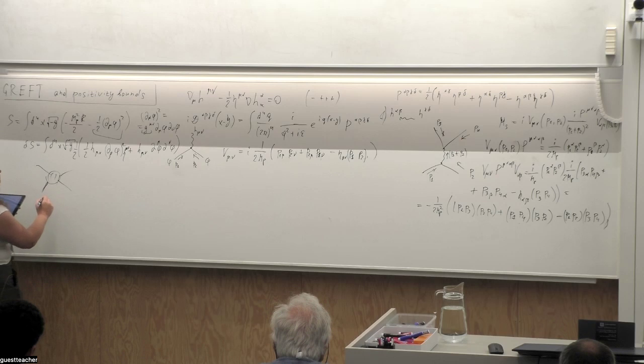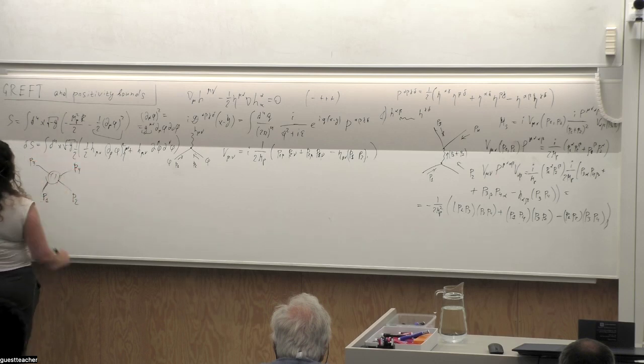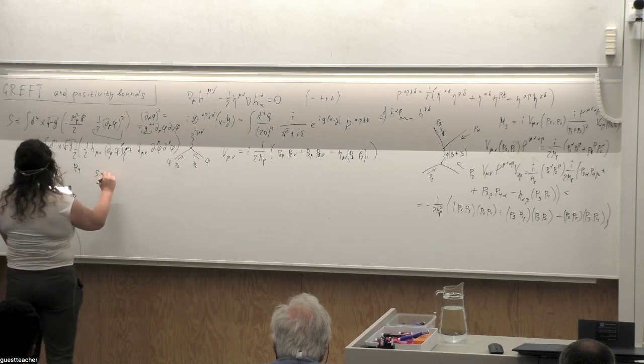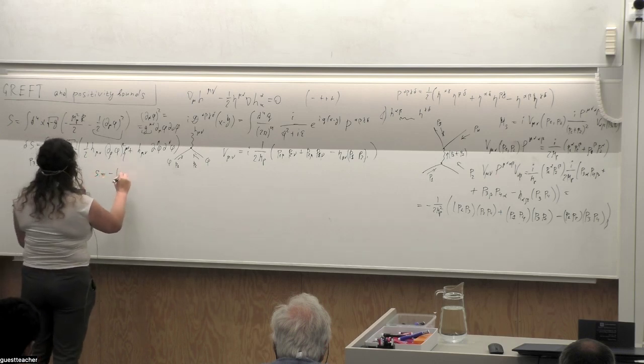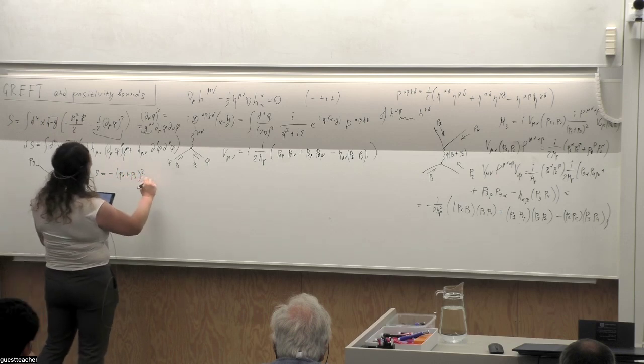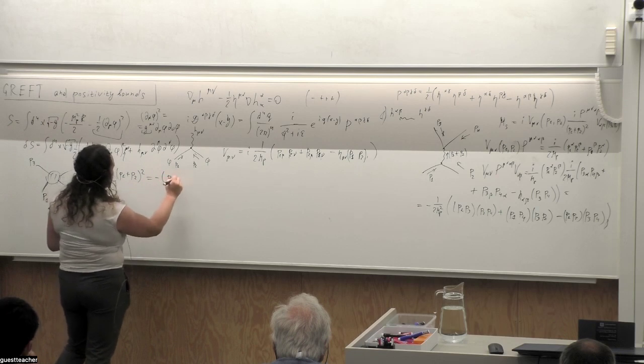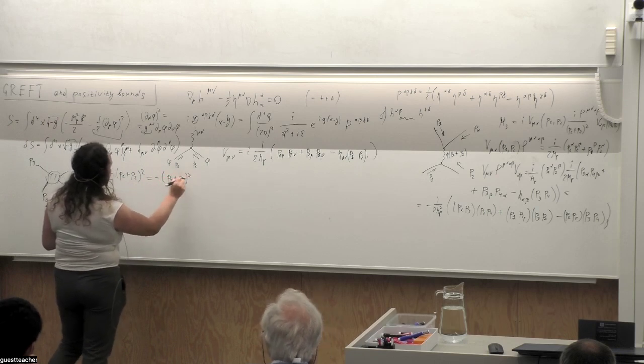If I call the momenta P1, P2, P3, P4, I can introduce the variable S equal to minus (P1 plus P2) squared, or by energy conservation, it is the same as (P3 plus P4) squared.